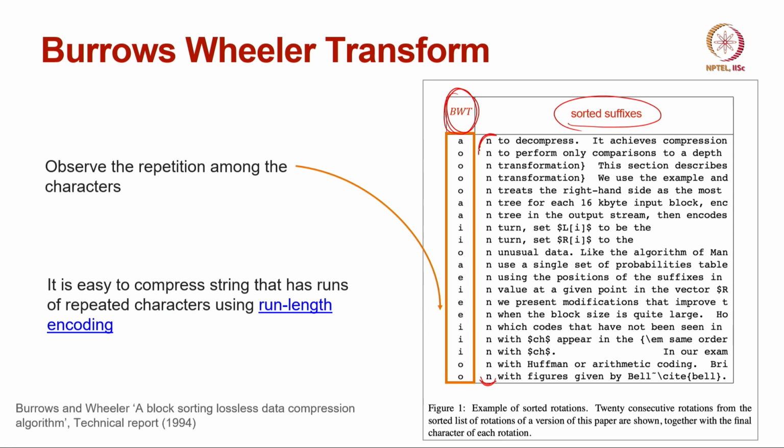So, the suffixes that start from n characters are the following. For example, you can see "n to decompress", "it achieves compression", "n to perform only comparisons to the depth". This looks like a text coming from a publication, and in fact you can verify by opening the paper itself.